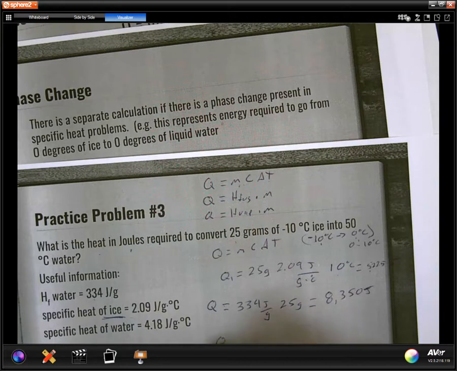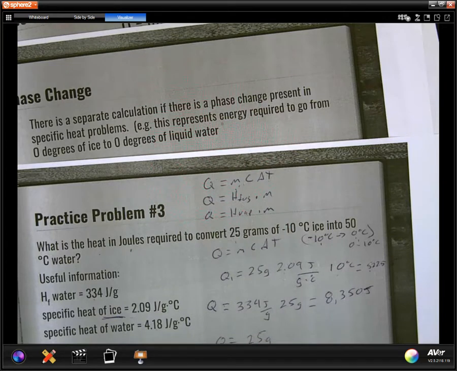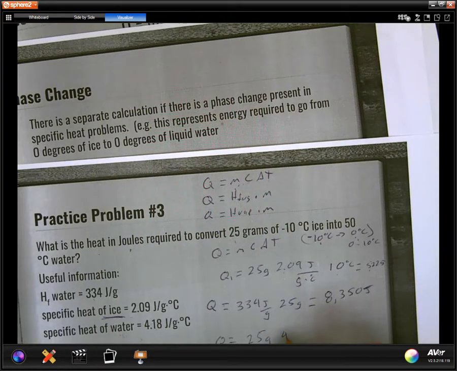Now I need to find out how much energy it takes to raise those 25 grams of water up to 50 degrees. So we're going to use this equation again. It's going to be 25 grams, multiplied by our constant. Here we're using the specific heat of water because now we're dealing with the range of water. So it's going to be 4.18 joules per gram degree Celsius. And my change in T is going to be 50 degrees. How did I come up with that?